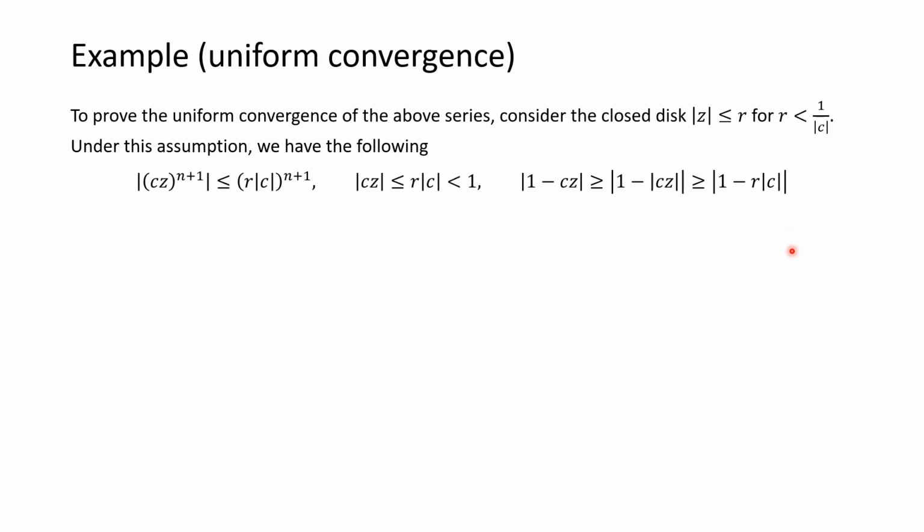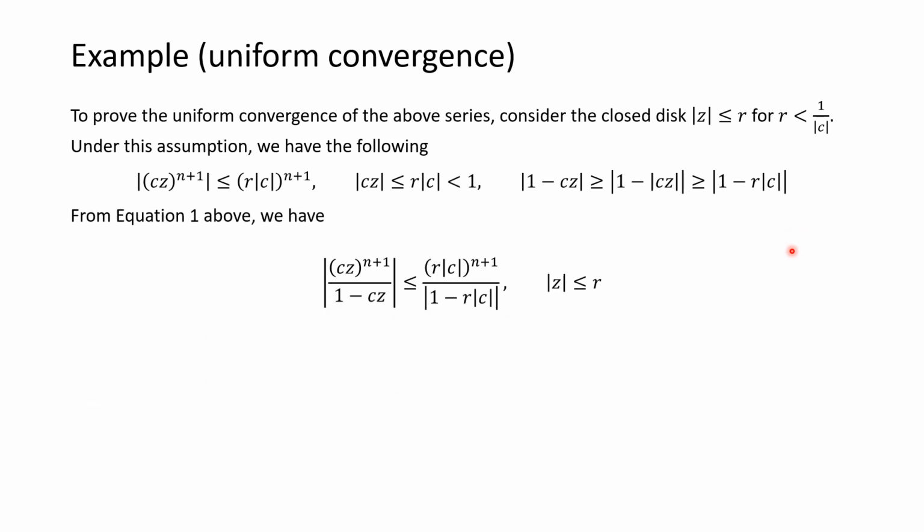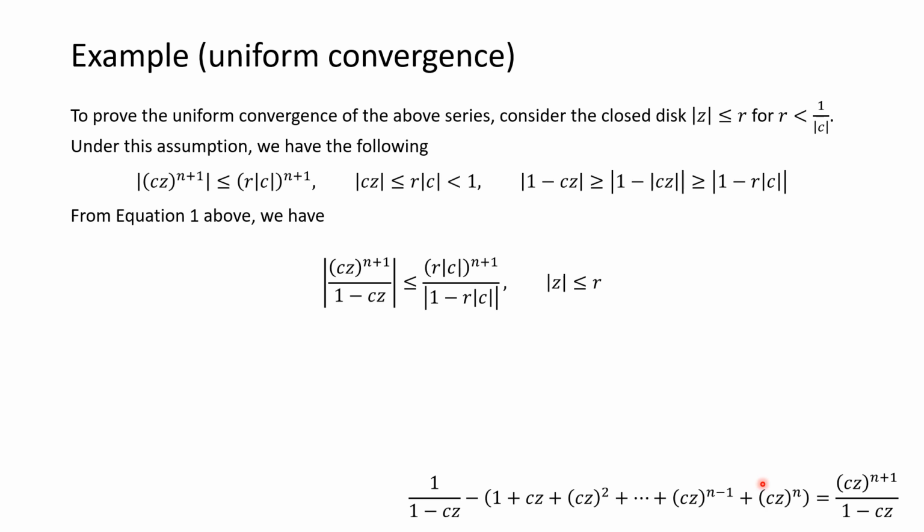So given those three, what we can do is work on this modulus here. Now let me just remind you that we had this equation from the previous slide. I called it equation 1. So we want to show that this thing here is bounded and can be made as small as we need to.